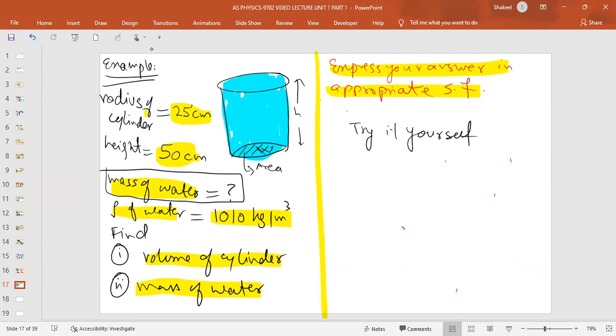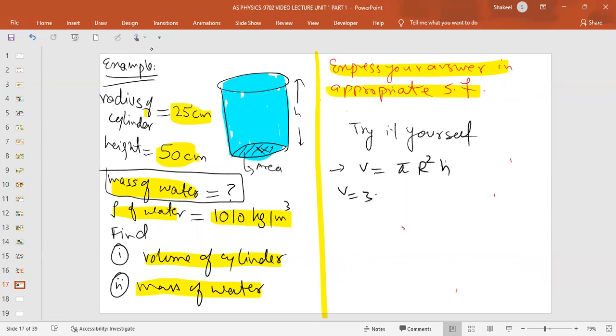Just giving you the idea about it, you have to use density is mass over volume, and volume is mass over density. No, not for this, this is actually for the next part, not this equation. The appropriate equation is volume equal pi r square into h.